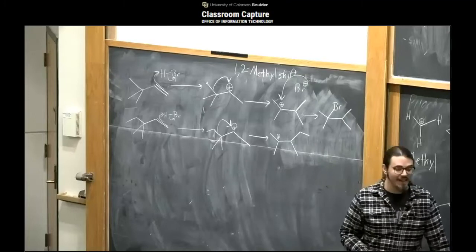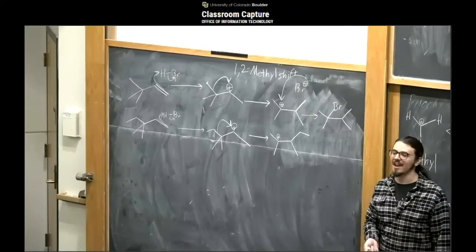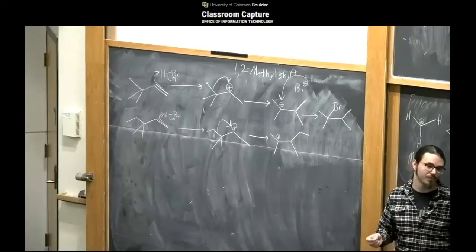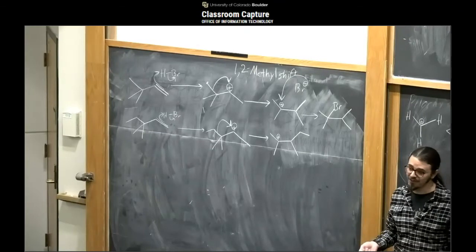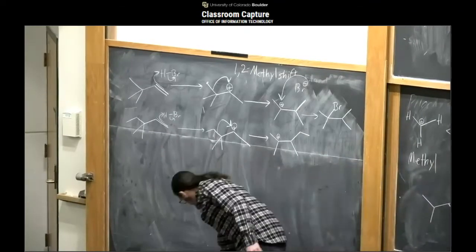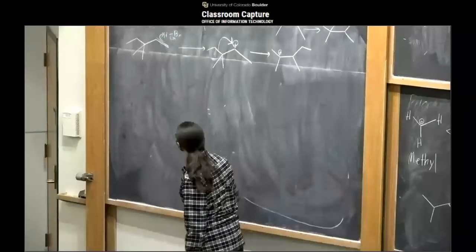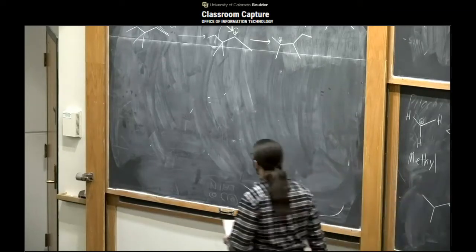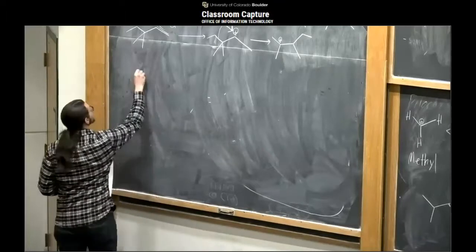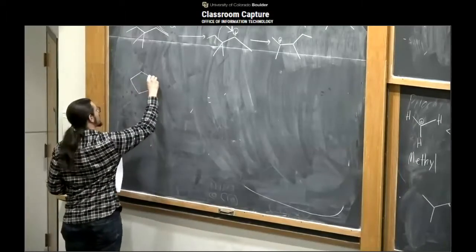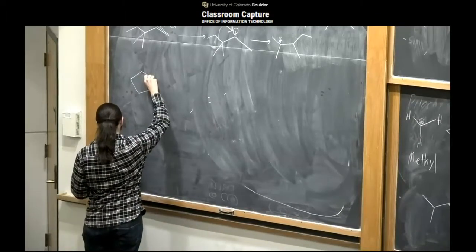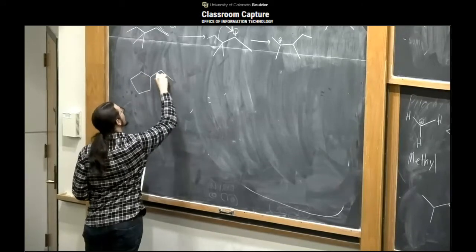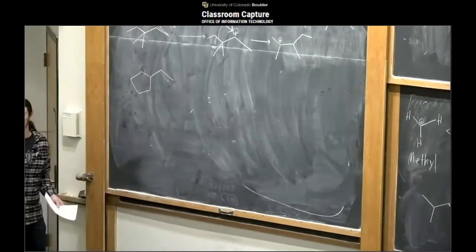The only caveat to that is if we have a good energetic reason to migrate a heavier group over, say, a hydride or a methyl. A good example of that would be this molecule right here.